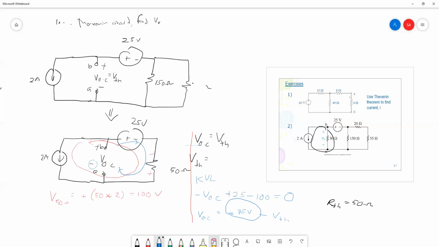So right now I have my RTH and I have my VTH. So I can actually calculate my V out, VO, okay?